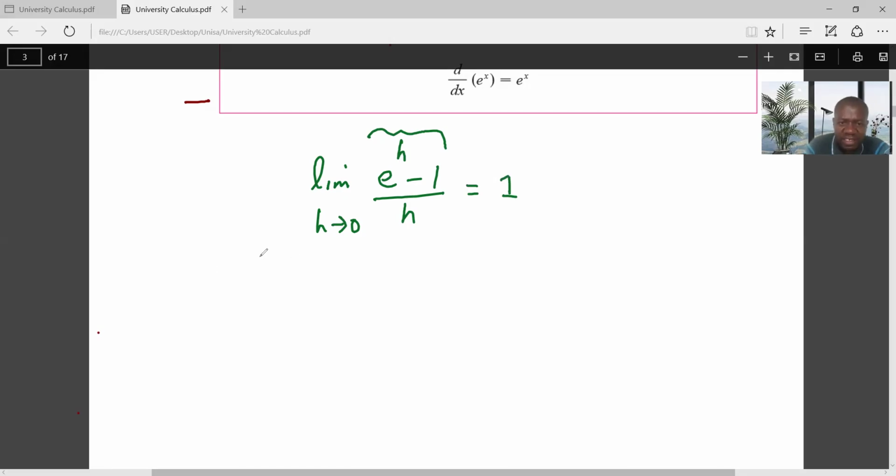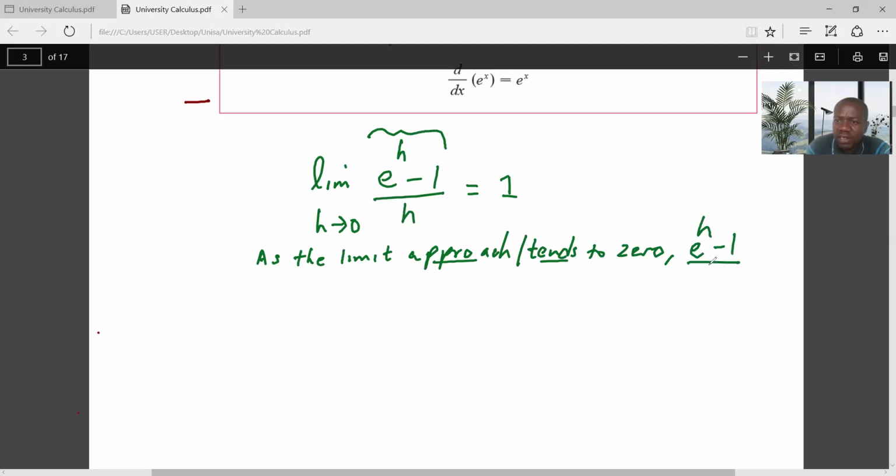It says, as h approaches or tends to 0, then e to the exponent of h minus 1 over h becomes 1.